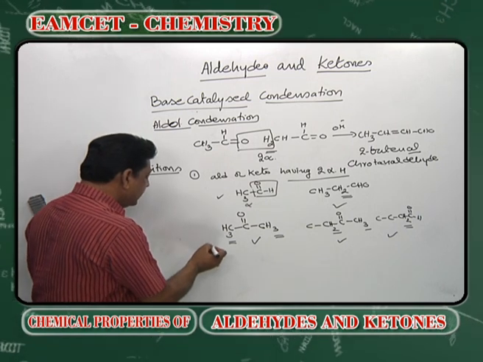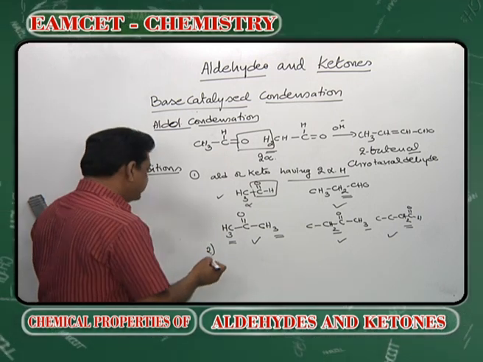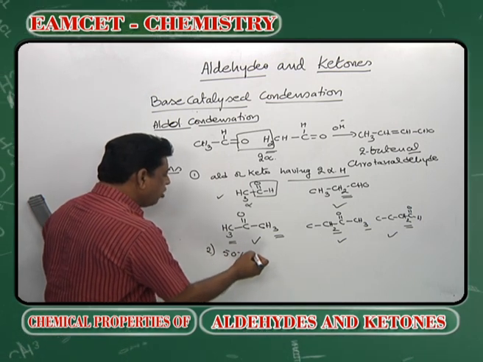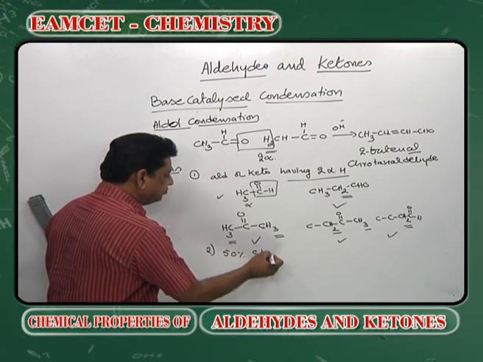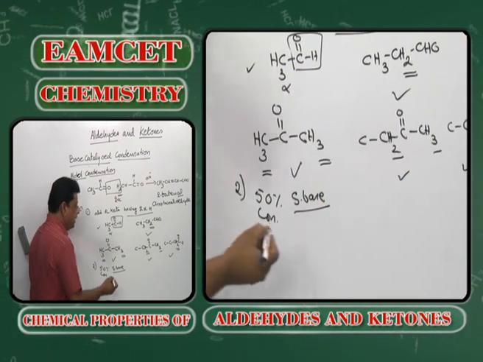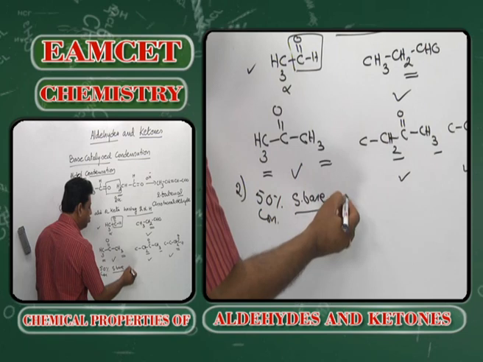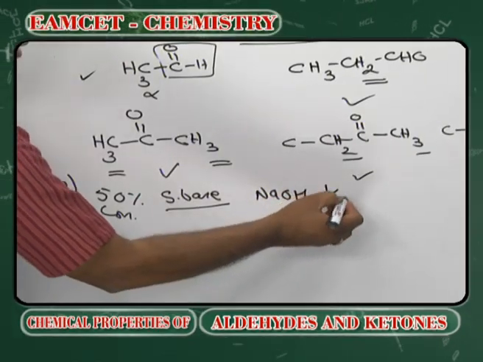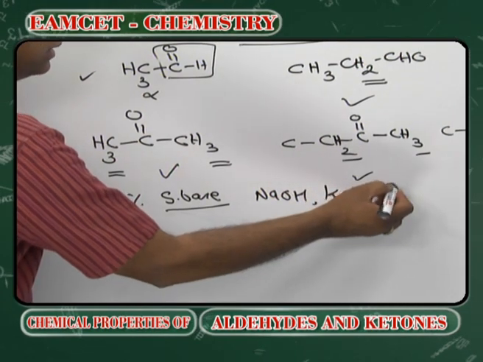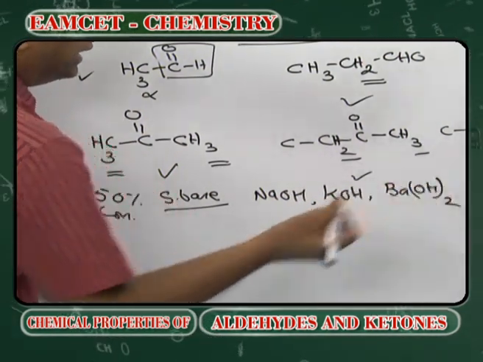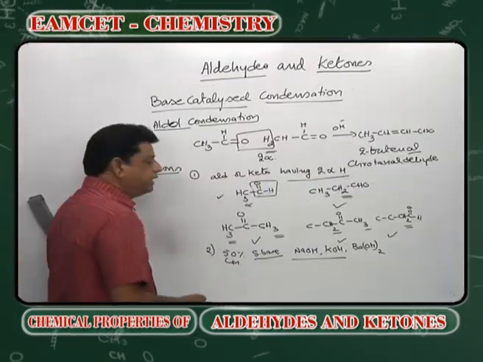The second condition is the presence of a base, almost 50%, a concentrated strong base is required, for which we take sodium hydroxide or potassium hydroxide. Rarely barium hydroxide is also mentioned here and there, but mostly NaOH and KOH.